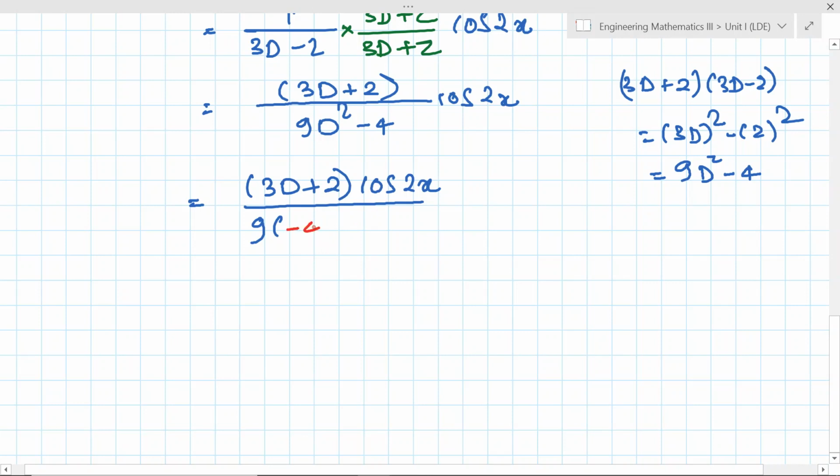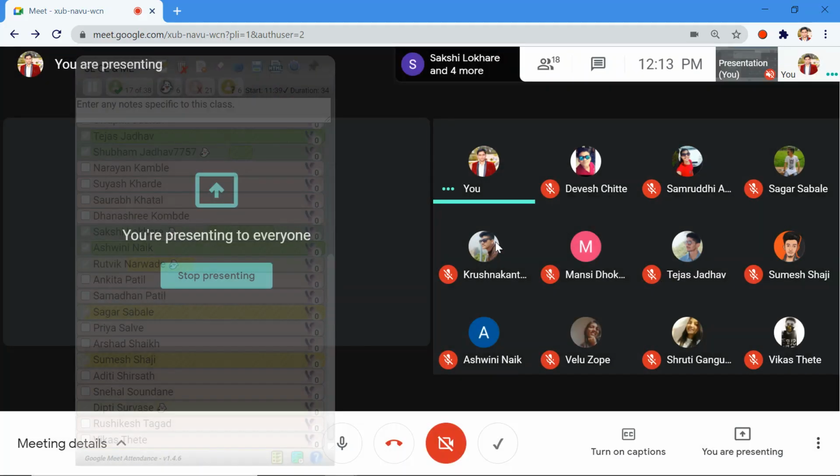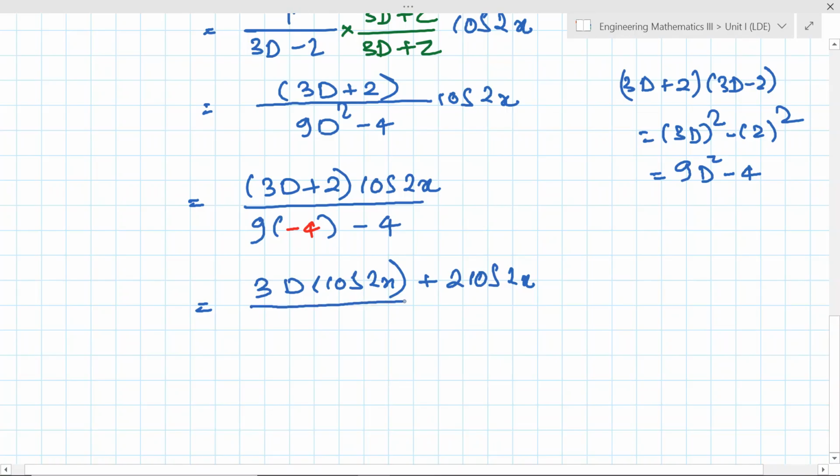The cos 2x is multiplied with the bracket, so 3 into D cos of 2x plus 2 into cos of 2x, divided by what? Just calculate this: 9 into minus 4 is minus 36, minus 4, it is minus 40. And just calculate the numerator.